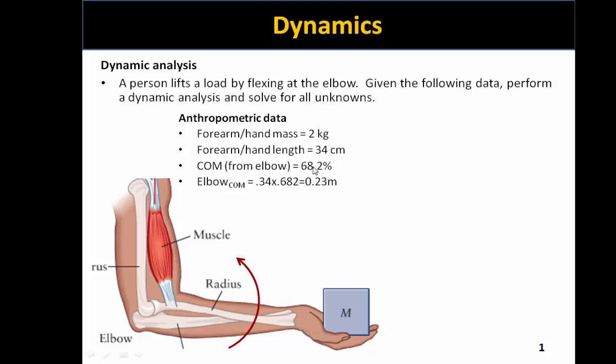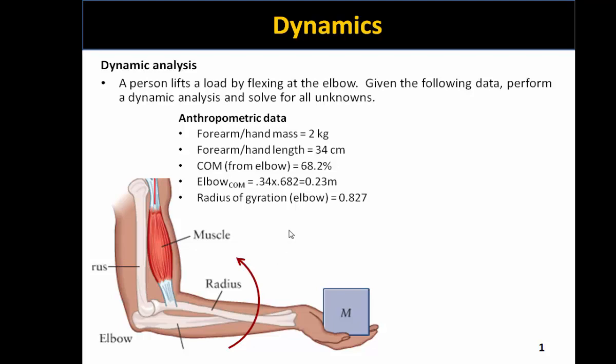This is a relative measure. What we need for the dynamic analysis is the absolute length in terms of meters. And so we take the full length of 0.34 meters, multiply it by the 0.682 value, and we arrive at a value of 23 centimeters or 0.23 meters from the elbow towards the end of the segment as to where the center of mass is located.